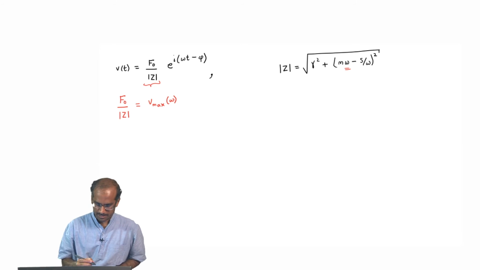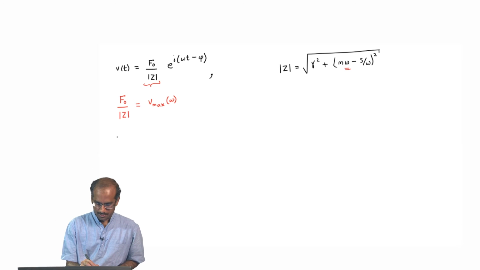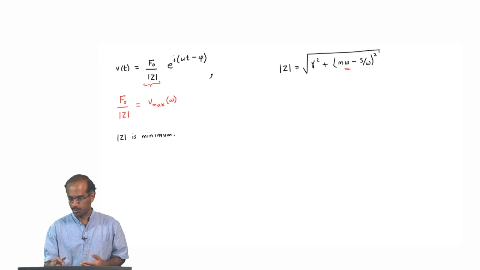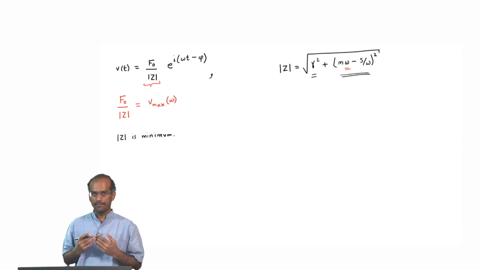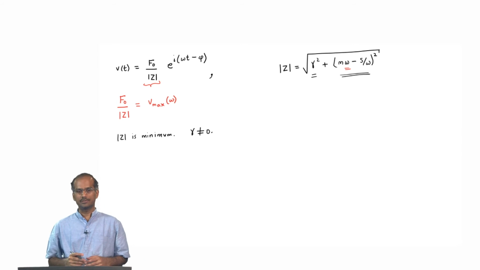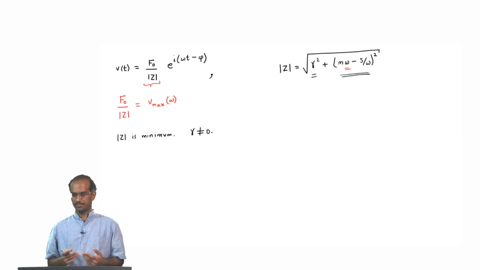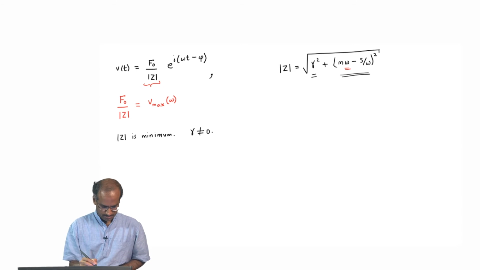In other words, the maxima of f 0 by mod z will happen when mod z is minimum, and mod z itself will be minimum when, of course, both this gamma and these two terms are equal to 0, but then we know that we have assumed that there will be a dissipation. So, gamma is not equal to 0, in which case mod z will be minimum when this quantity m omega minus s by omega is equal to 0. So, let us rewrite it slightly differently.